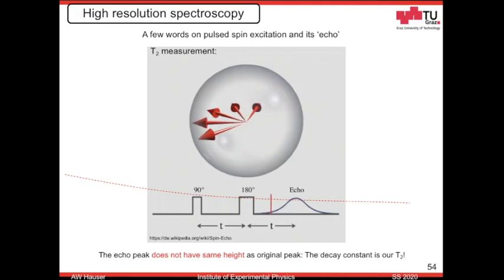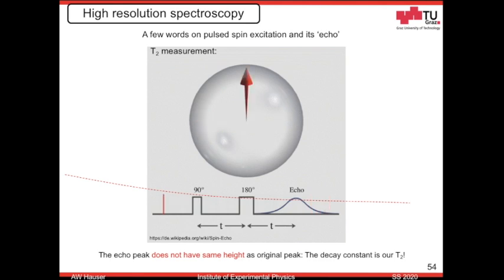And the big advantage here is that field inhomogeneities that you can't avoid are canceling out because they're always affecting all the nuclei in the same way. The only interaction that remains and causes this reduction of the signal when you bring them together again in this echo is due to spin-spin interactions.